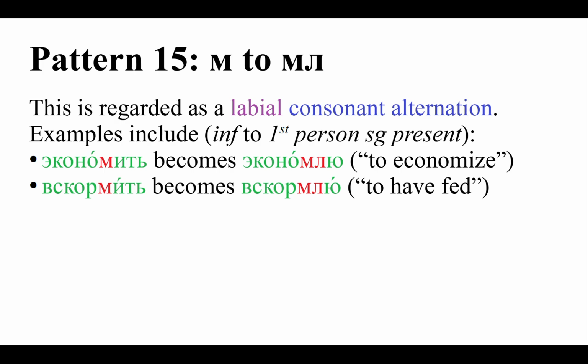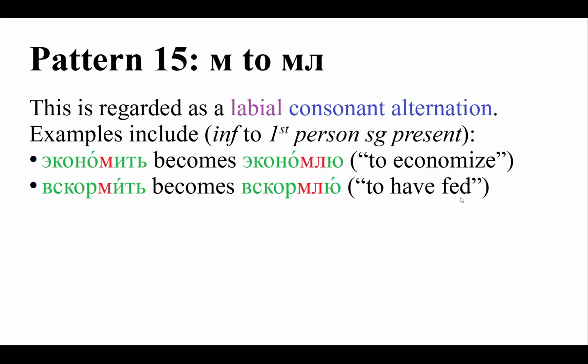Skormit becomes skormlyu. Skormlyu. To have fed. Again, this one is the perfect aspect of kormit. So by adding s, you need to emphasize the perfect aspect. So you add have here.